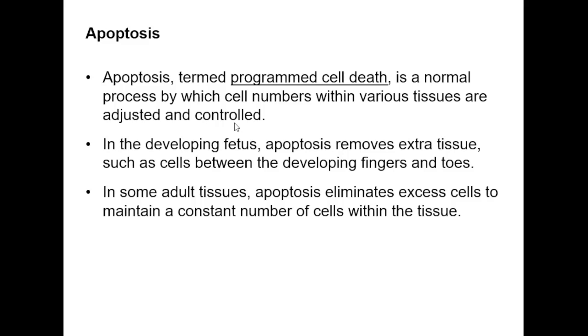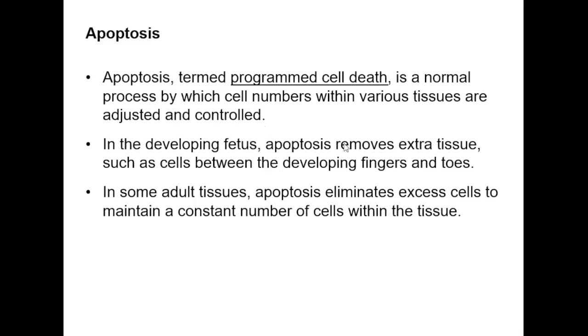So in order to prevent excessive growth, in order to prevent excessive size of certain organs, then they have to undergo apoptosis. Similar to a fetus, di ba? In a fetus, usually their hands are all connected, no? May web-like structure tayo dyan in between our fingers and toes. But when we are born, we don't have that anymore. So what happened to those connections? They are removed by apoptosis.